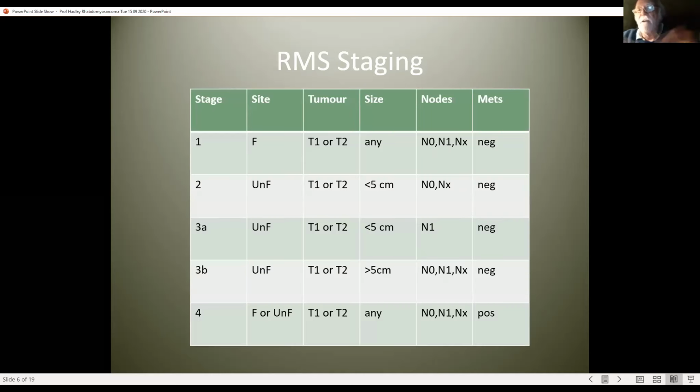And I find this staging singularly unhelpful because everybody's stage 3, basically. And I just wanted to comment on stage 4 because I think it's important to move away from this Halstedian concept that we have a primary tumor that grows, and when it reaches a certain size, it sends out emissaries to establish colonies elsewhere in the body. I think it's probably wiser to think of pediatric solid tumors as having a multicentric origin.